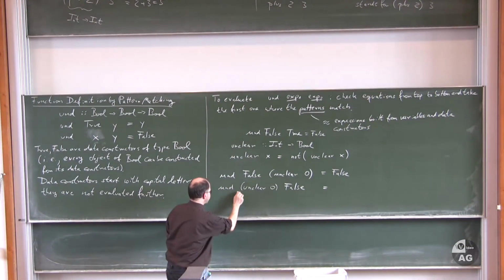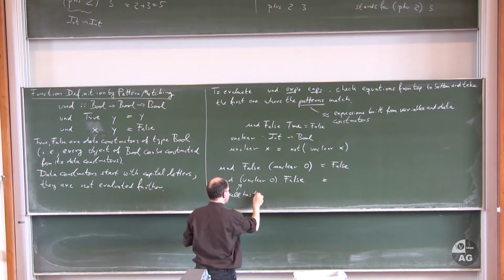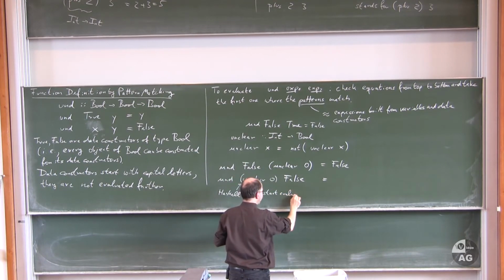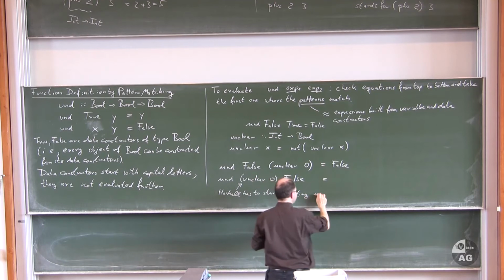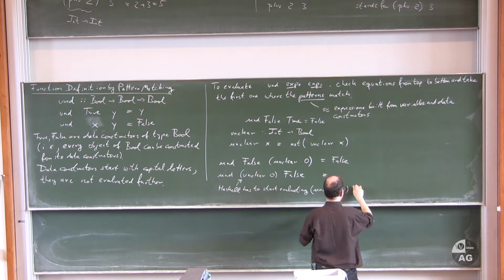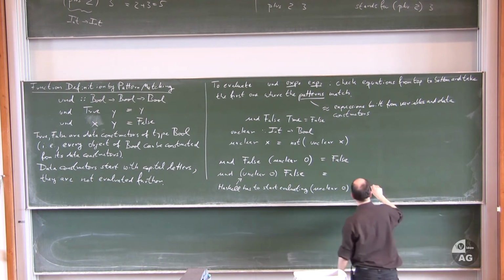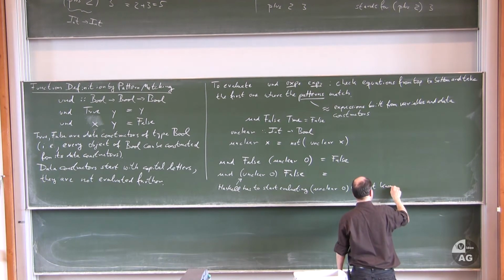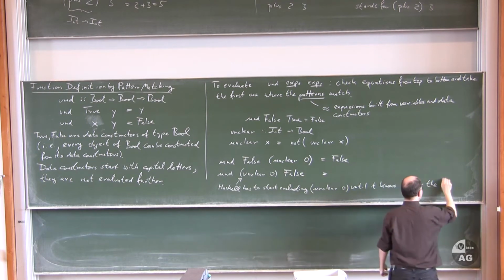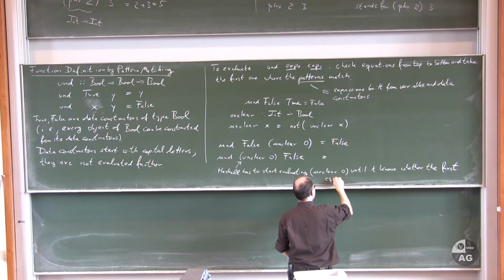So Haskell has to start evaluating unclear 0 until it knows whether the first equation applies.